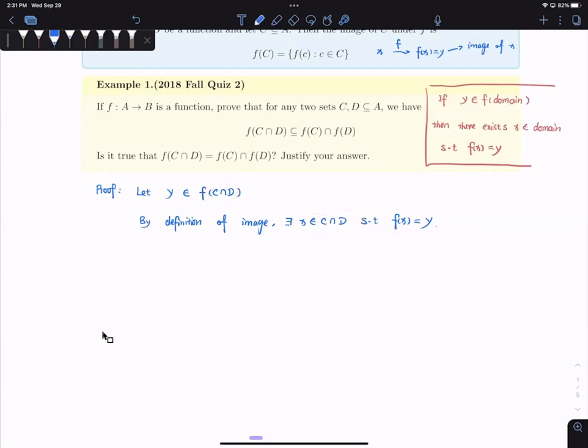Then what does this mean? x is in C intersect D. What does that mean? x is in C and x is in D. So we know x is in C and x is in D, and we also know f of x equals y. So what does this tell us about my y?